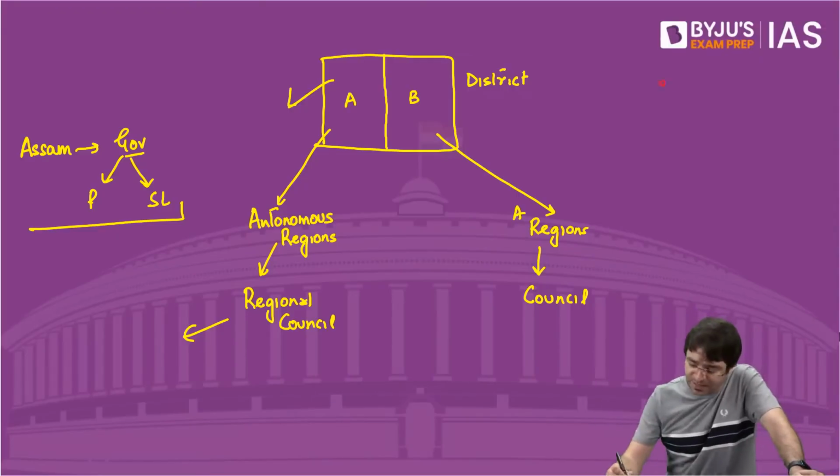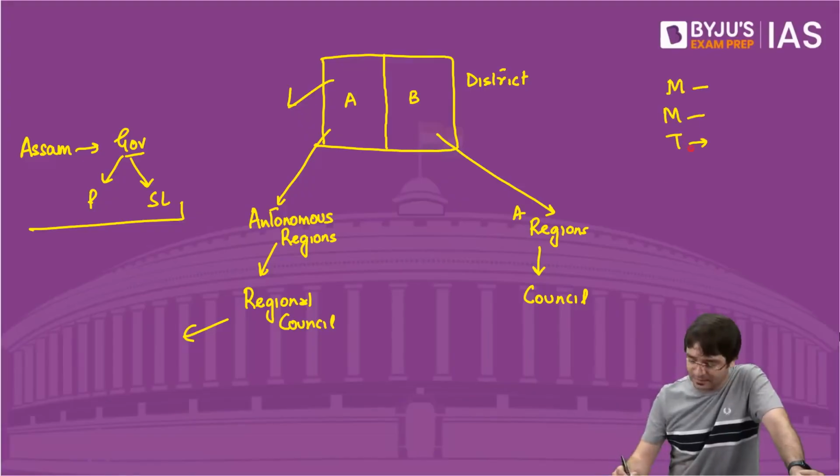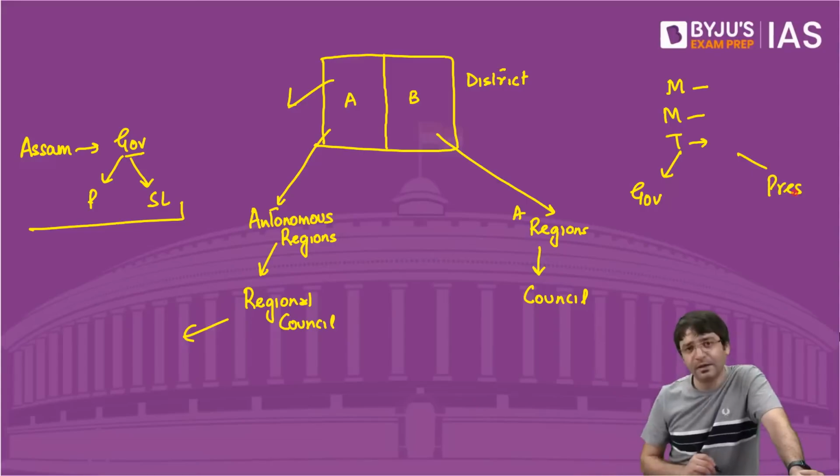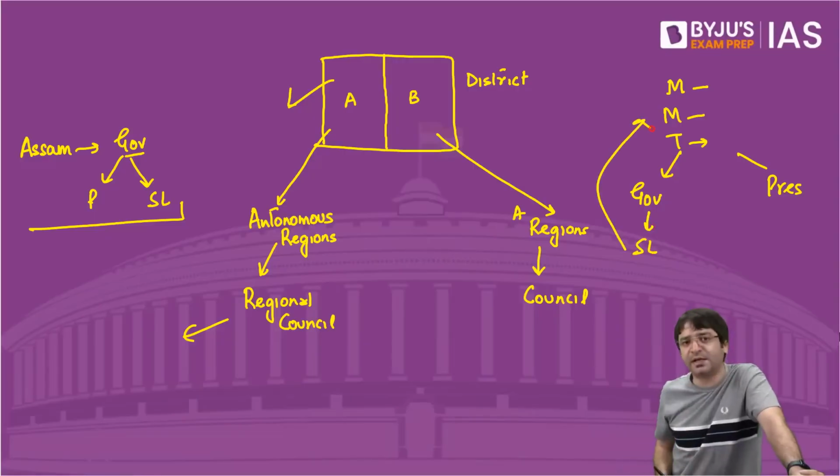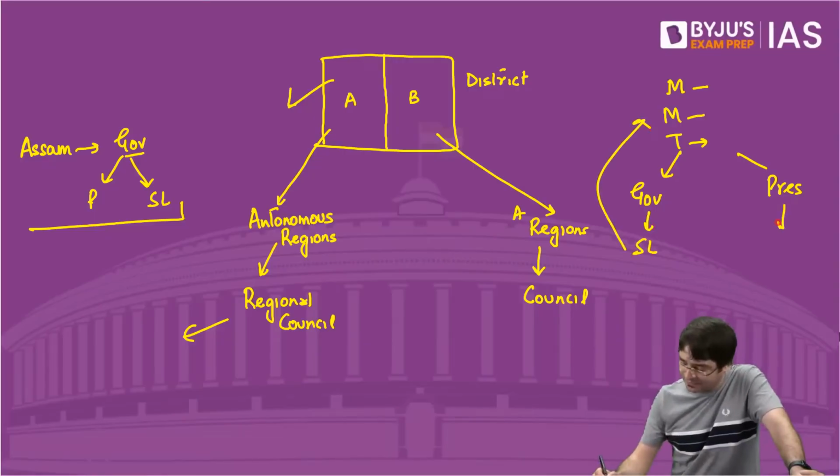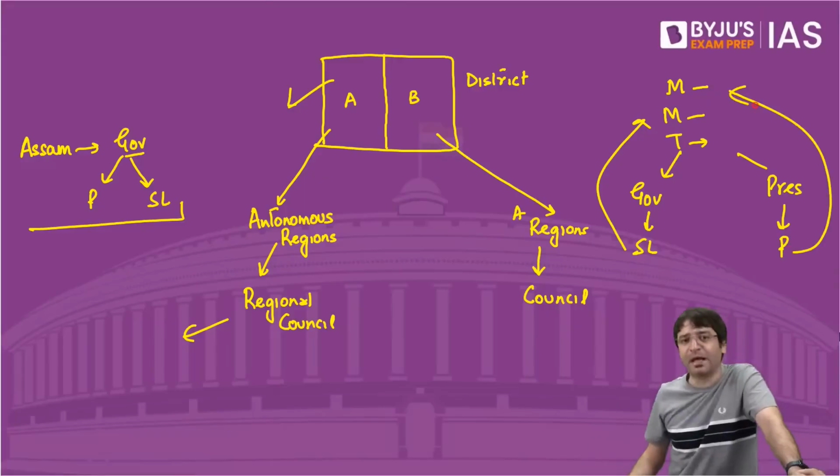So far as Meghalaya, Mizoram and Tripura are concerned, the governor and the president: the governor will decide whether a state law will be applicable to these areas or not, and the president will decide whether a parliamentary law will be applicable to these states or not.